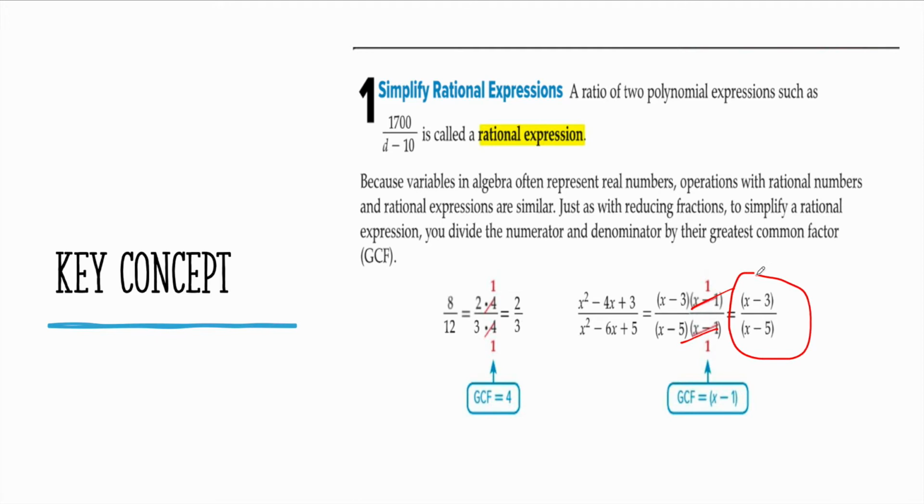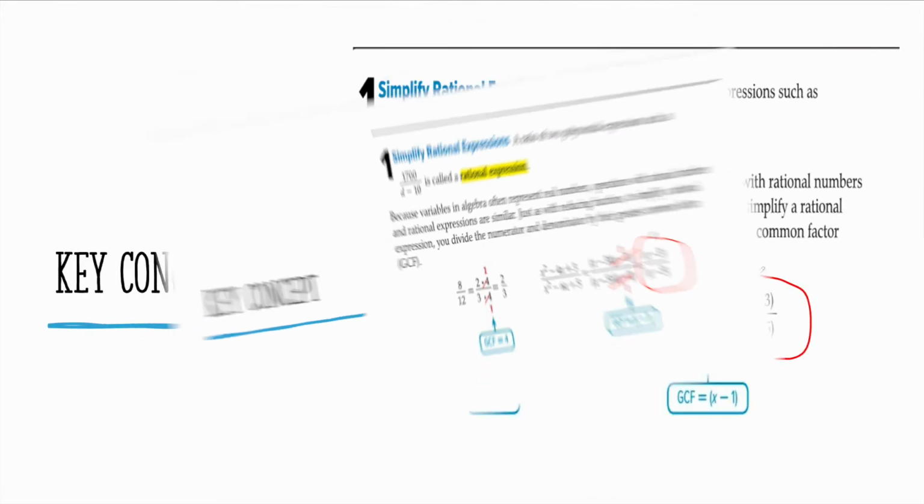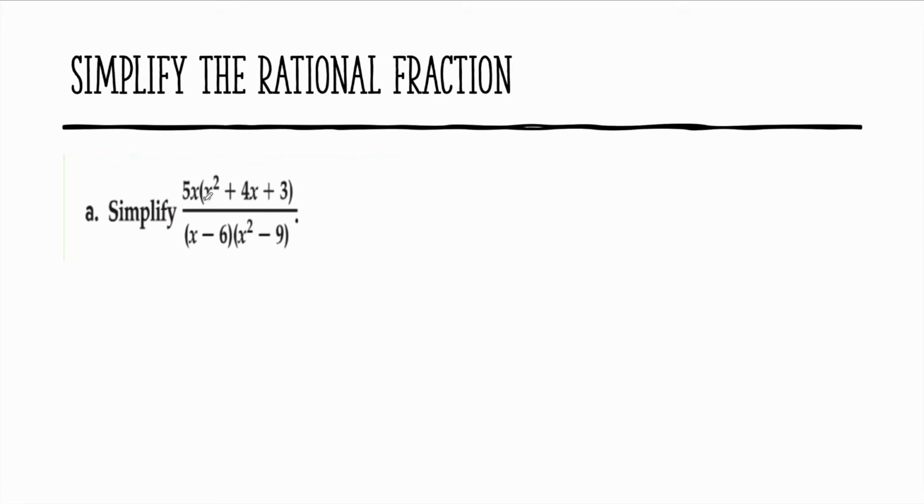Now let's go to the example and see if we can do it. Looking at this, we need to factorize the top fully and factorize the bottom fully. We'll factorize this expression 5x.